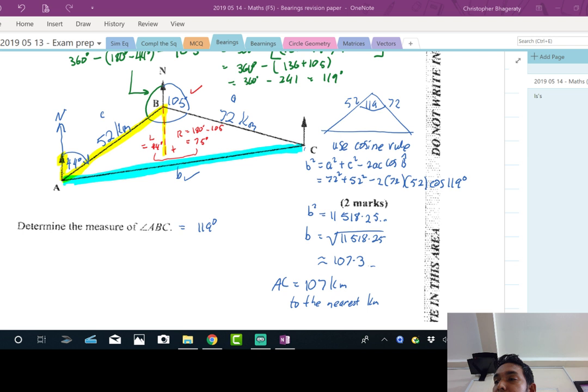Let's go here. Alright, so you guys are now up to what I have written on the board. There's one more part of the question. It says, show that the bearing of A from C to the nearest degree is 260 degrees. Let me scroll down. The page is sticking, it doesn't want to scroll. Alright, thanks for scrolling all of a sudden. Where did the question go? Right, look here: show that the bearing of A from C to the nearest degree is 260 degrees.